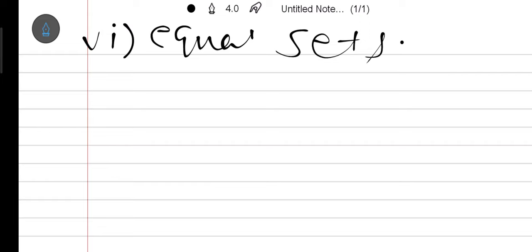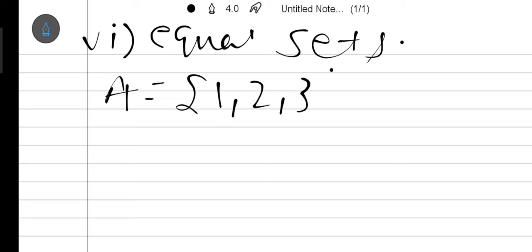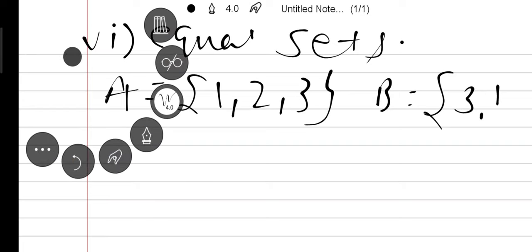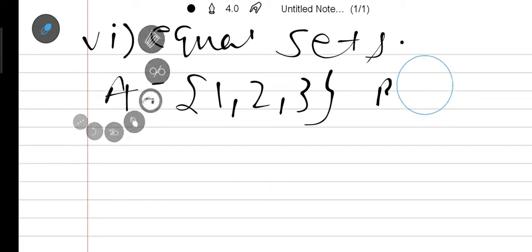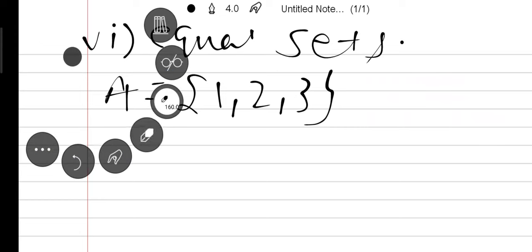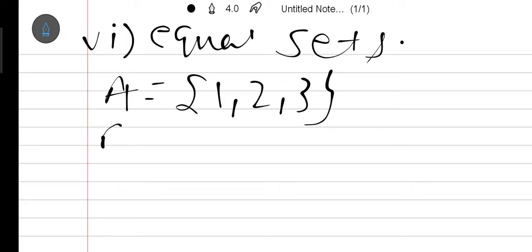Suppose A has members 1, 2, 3 and B has 3, 1, 2.